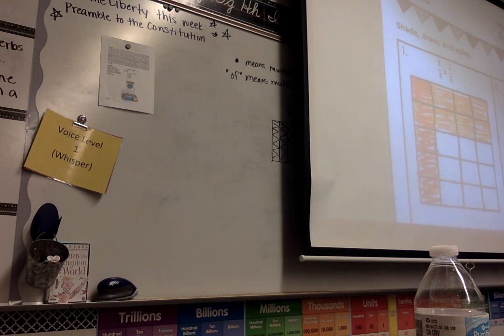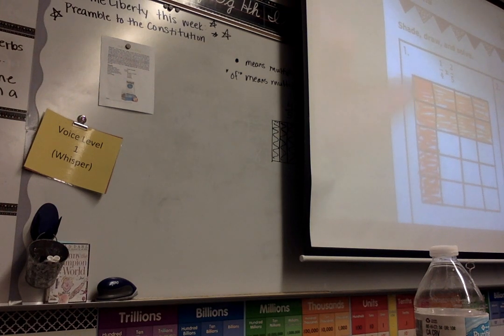Okay. Now to find our answer, the first part is let's find our numerator. We find the squares that are overlapping in color, which would be these 2. So I have 2 squares that are red and orange, right? So I'm going to put a 2 as my numerator.